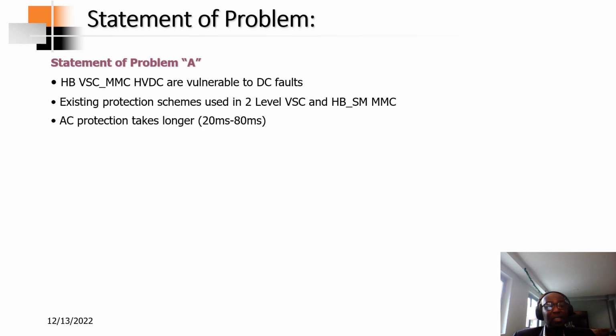Also, with the AC protection schemes, the AC breaker takes about 20 milliseconds to 80 milliseconds to interrupt the fault, which results in high peak fault currents being very devastating to the HVDC configuration and can result in the total outage of the HVDC configuration.